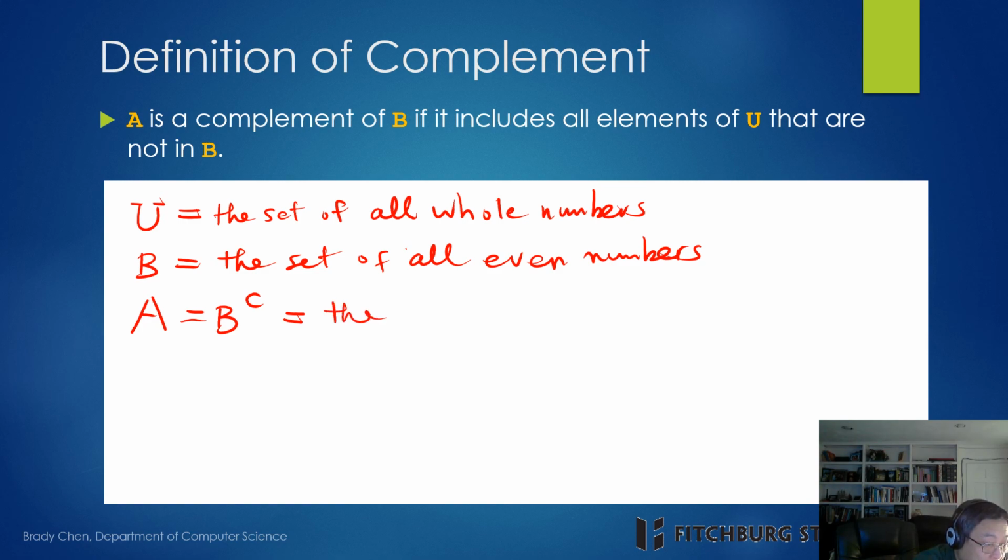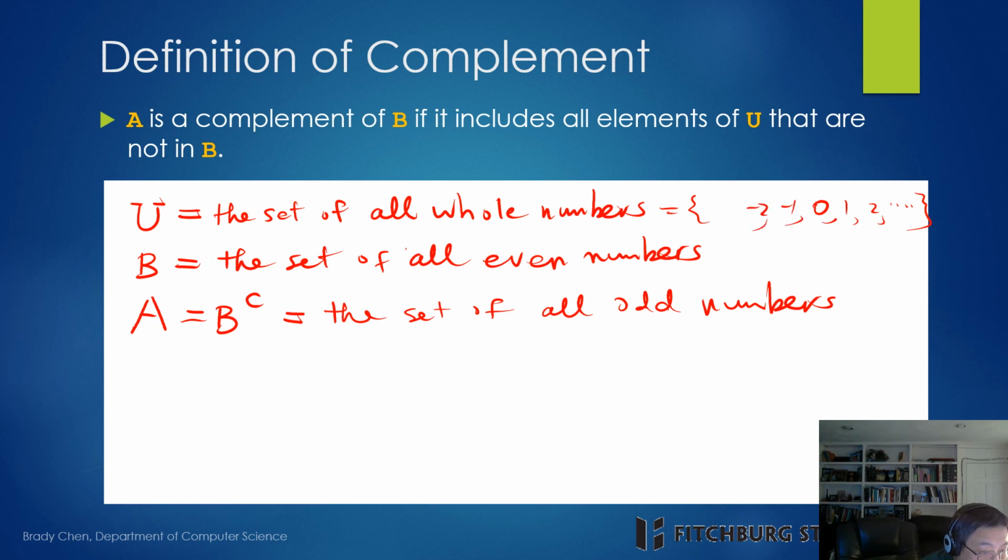So what is A? The set of all odd numbers, right? Because the set of whole numbers contains 0, 1, 2, all the natural numbers, and -1, -2, -3. Now B is the set of all even numbers, so B contains these numbers. If we think 0 is also an even number, then A is going to be all the odd numbers. Okay.